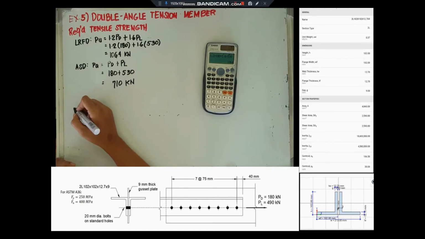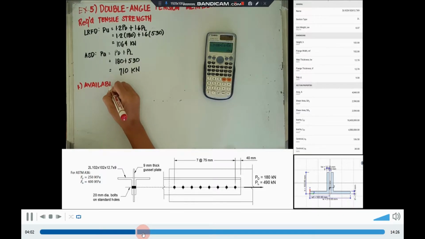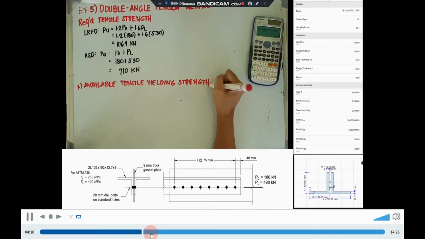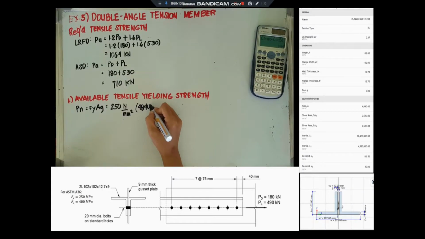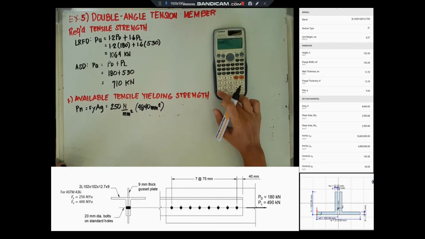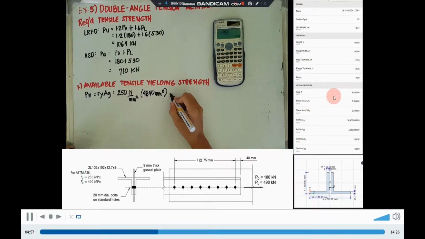Next, we will try to determine the available tensile yielding strength by solving the nominal tensile strength Pn. So our Pn is Fy multiplied by the gross area. Our yield stress is 250 megapascal and our gross area is 4,840 square millimeter.